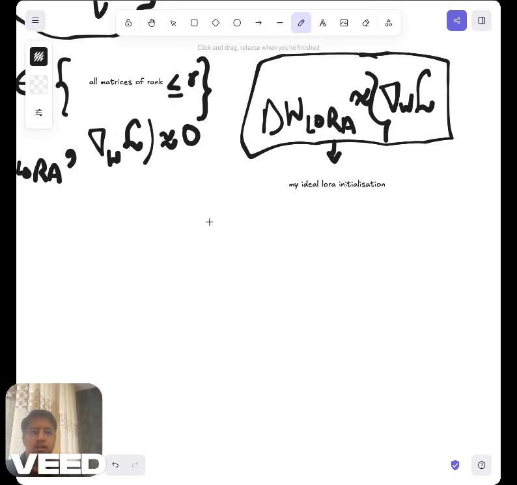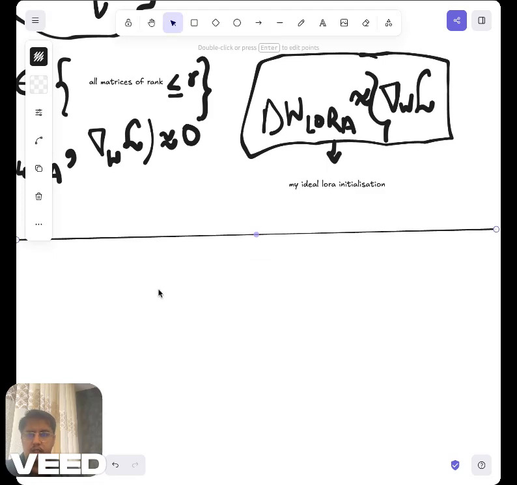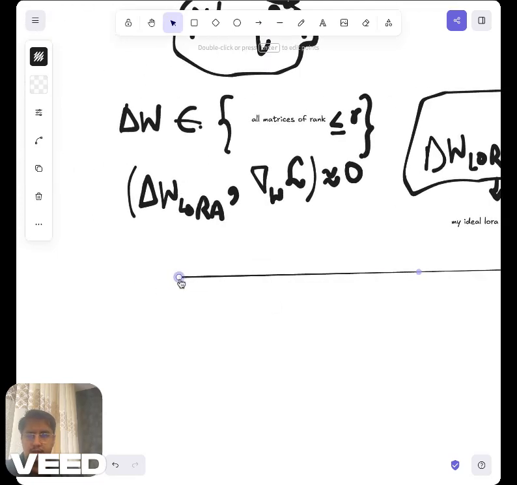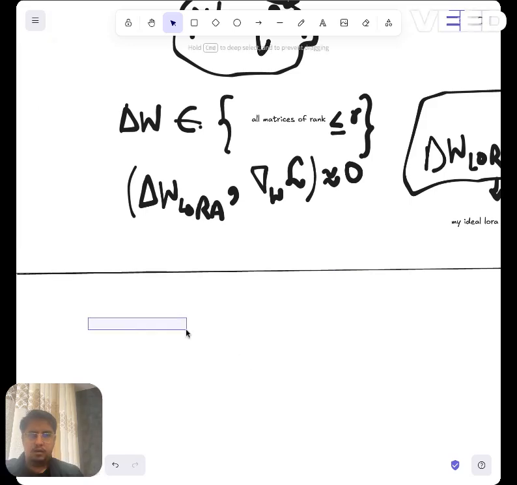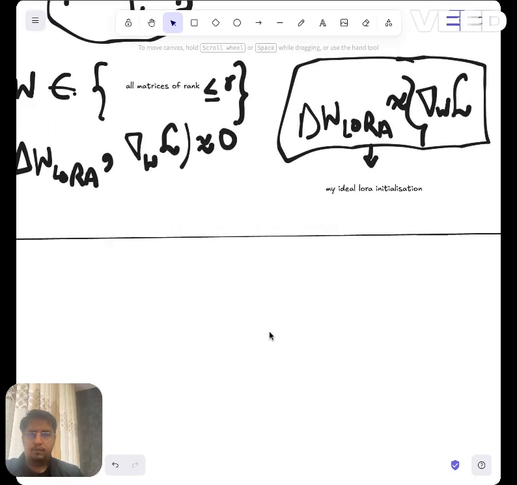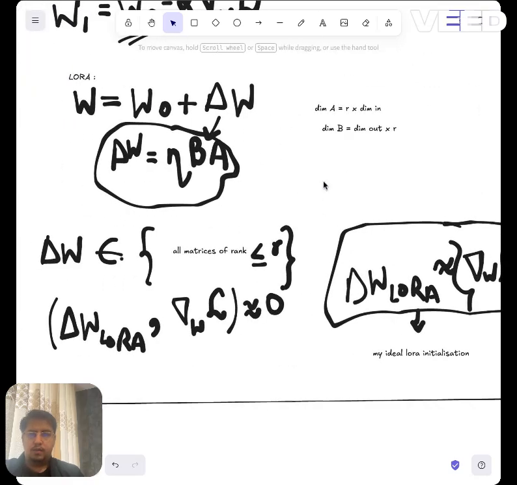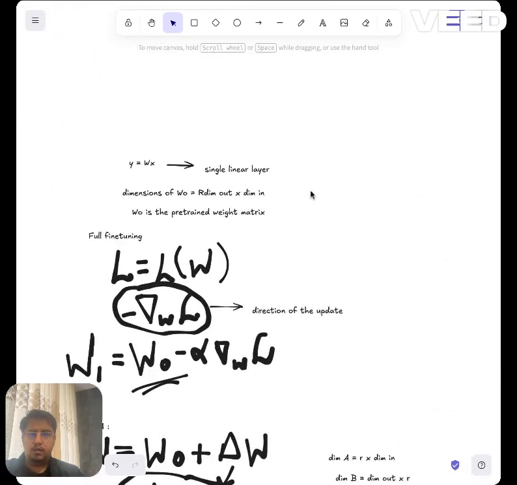So let's reformat this problem a little bit. Let's actually rewrite this as a clean mathematical problem. Let me just draw a line here. This is where we reformat our problem. This is what we've done so far. This is what we've discussed.